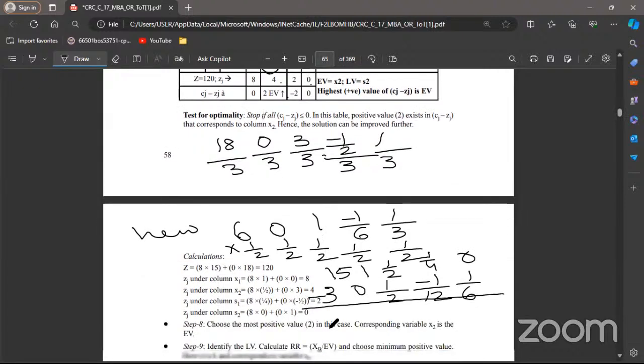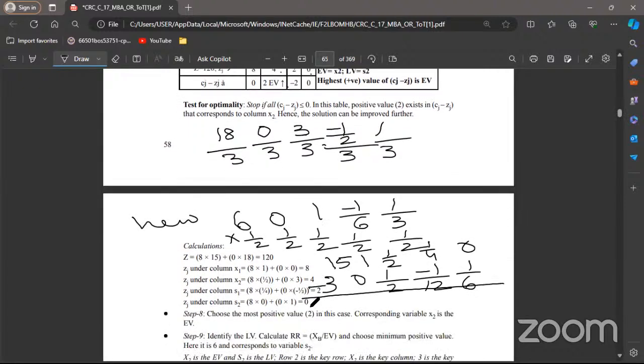15 minus 3 is how much? 12. 1 minus 0? 1. Half minus half? 0. 1 by 4. Is this minus 1 by 4 or 1 by 4?